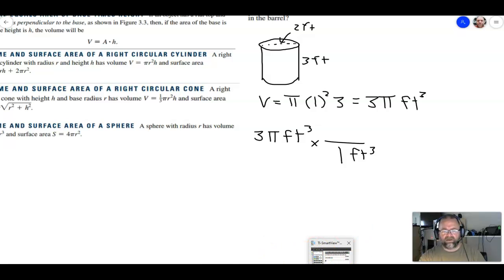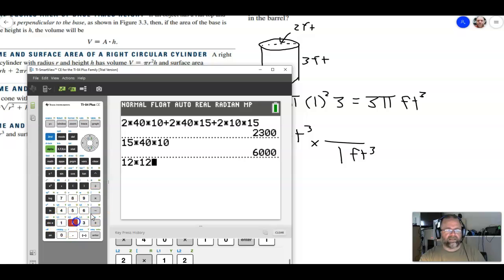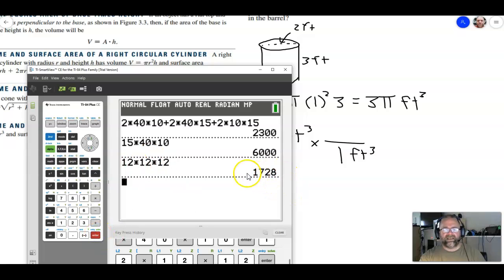So if I go to my calculator here, since I'm going from inches cubed to feet cubed, I have to take the 12 and multiply it by itself 2 times. So 12 times 12 times 12, or 12 to the third. So that tells me that there's 1,728 cubic inches in 1 cubic foot.